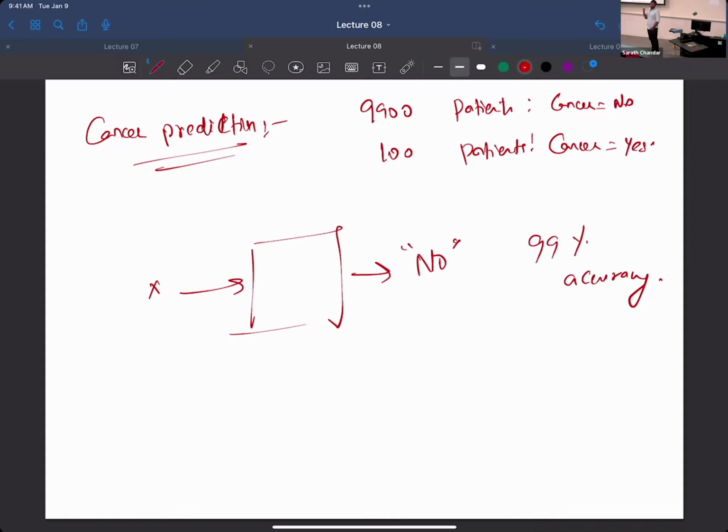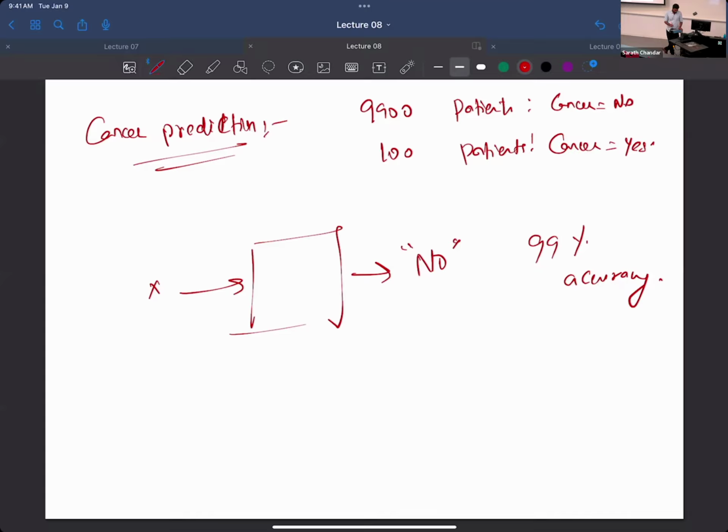But can I use this classifier? Can I deploy this classifier? No, it's a useless classifier. There's no point in deploying this because it is never going to identify cancer, which is what we care about, right? So this brings us to the point that not every error has the same cost. Some errors are much costlier than other kinds of error.